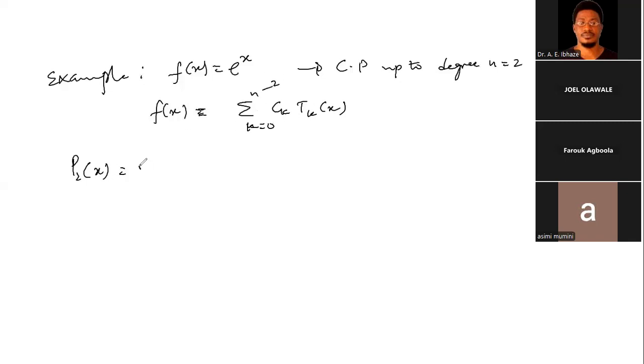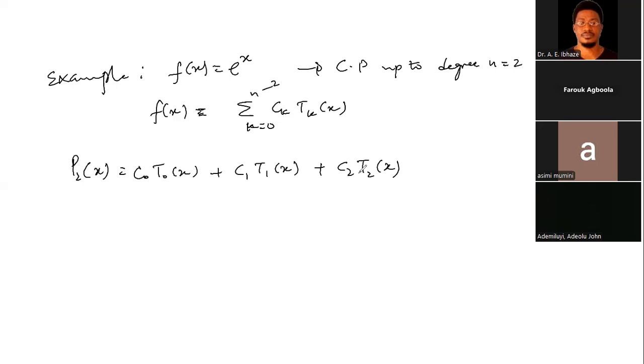That would mean we have c0 T0 of x plus c1 T1 of x plus c2 T2 of x. So this is the Chebyshev polynomial that will minimize the maximum deviation in this function.